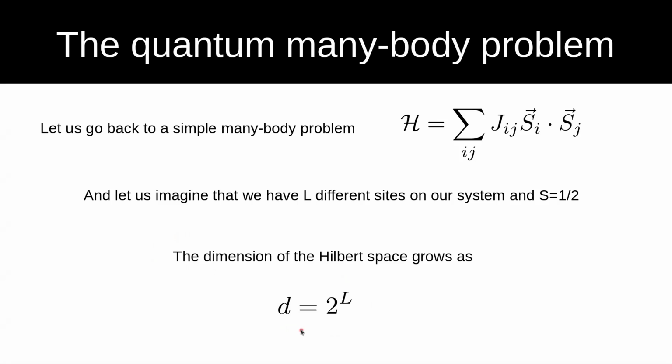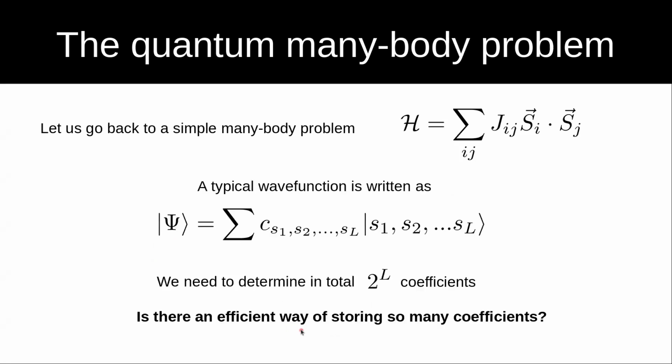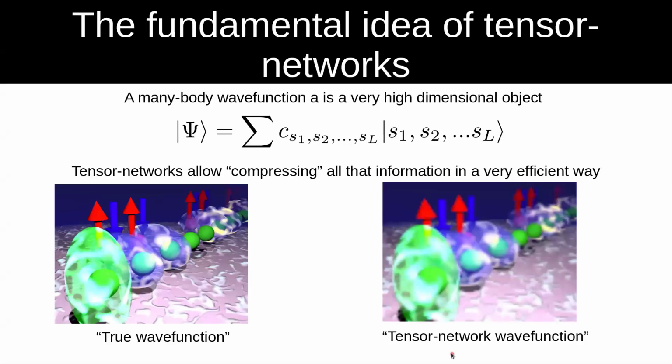And fundamentally, what we are going to show is that with matrix product states, we can store the whole expansion of our many-body wave function, namely the coefficients C of s1, s2, ..., sL, without actually having to store the numbers, but just by storing a generator of these numbers. And this is the whole fundamental idea of matrix product states.